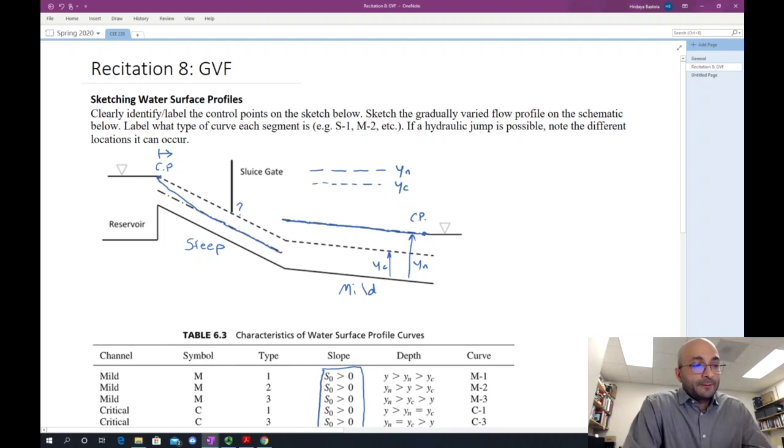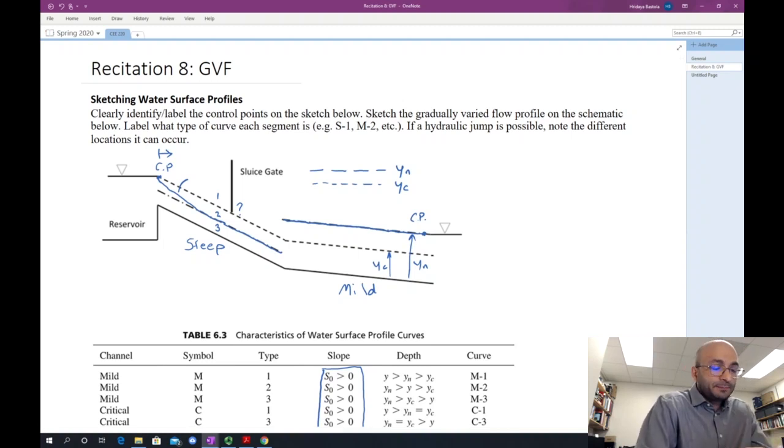For the steep portion, let's go back to our nomenclature. Region 1 is above both normal and critical. Region 2 is between normal and critical, and region 3 is the lowest, which represents a depth less than both critical and normal depth.